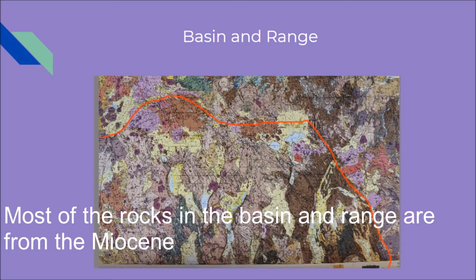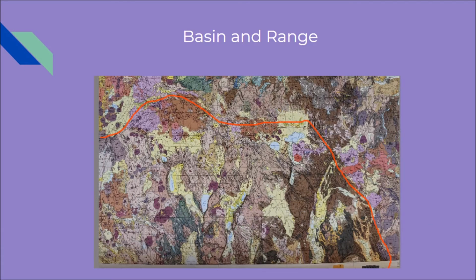Most of the rocks in the basin of range are from the Miocene to the Pleistocene range. The oldest rock from the basin and range is labeled TSF, and it's from the Lower Miocene period, and it's composed of rhyolitic tuff, medium grain tuff, and clay minerals.